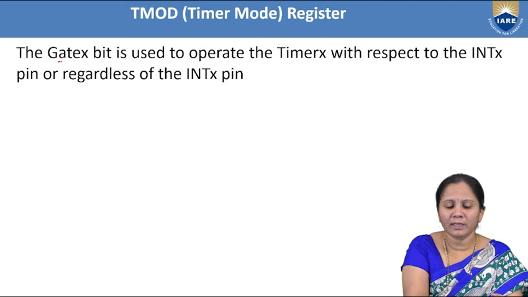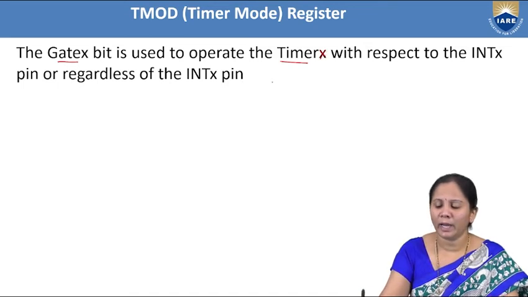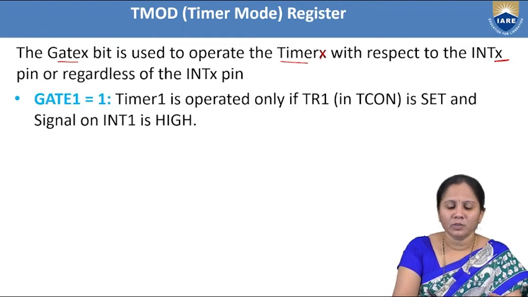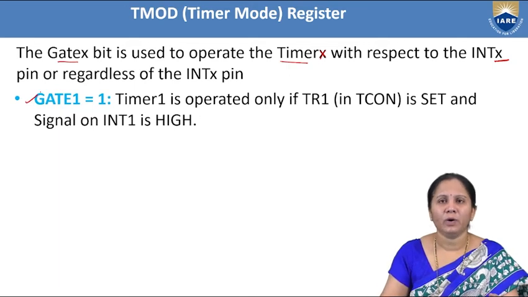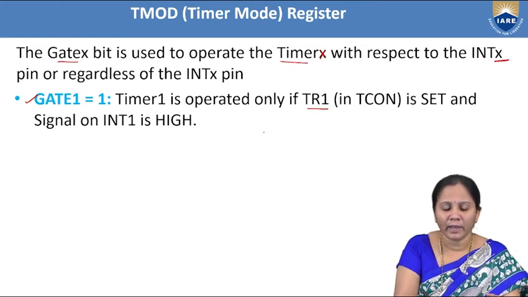And another bit here, gate X bit, is used to operate the timer. X here may be 0 or 1 with respect to INTX. So if that gate 1 bit is 1, it indicates timer 1 is operated only if TR1 is set and the signal on INT1 is high.